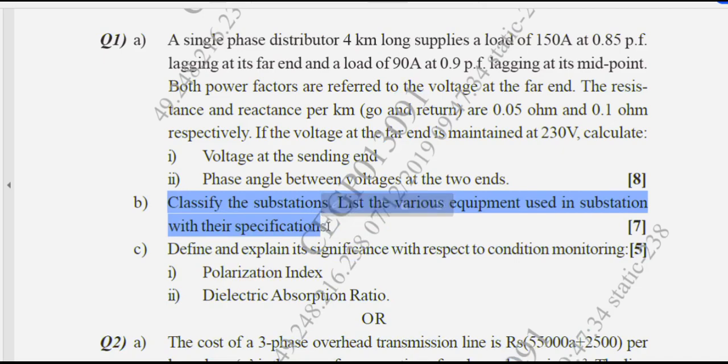Initially they have asked for the symbols to draw. Here you have to write an explanation of the substation types, and you have to write the list of various equipment.